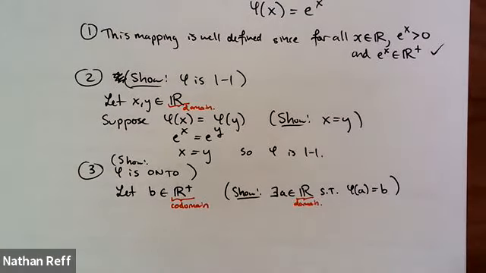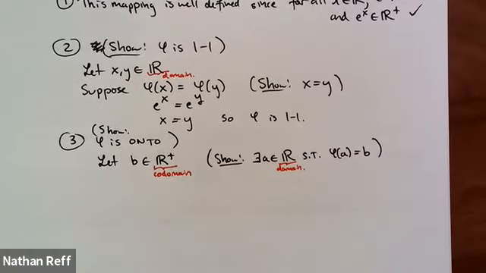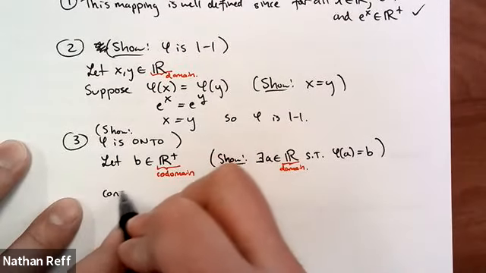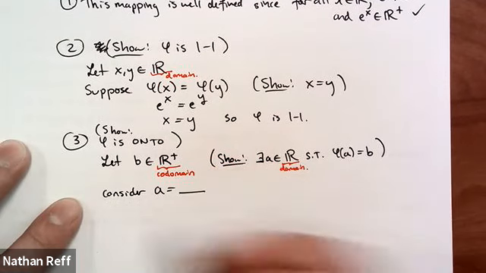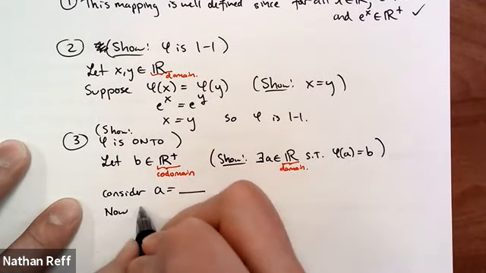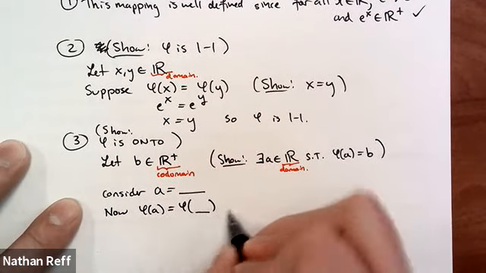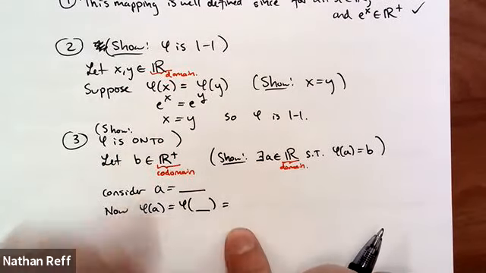All right. Well, can you cleverly think of such a thing? Now, if you can't, you can always do scrap work. All right. So here's how this would go. You would say consider A equals something. And now phi of A is phi of fill in the blank. And where does fill in the blank get mapped to according to our function?